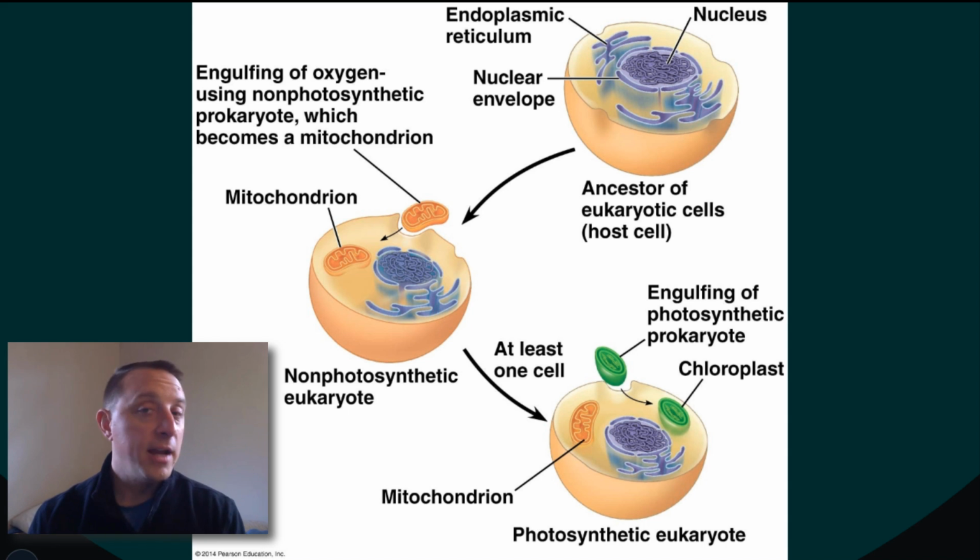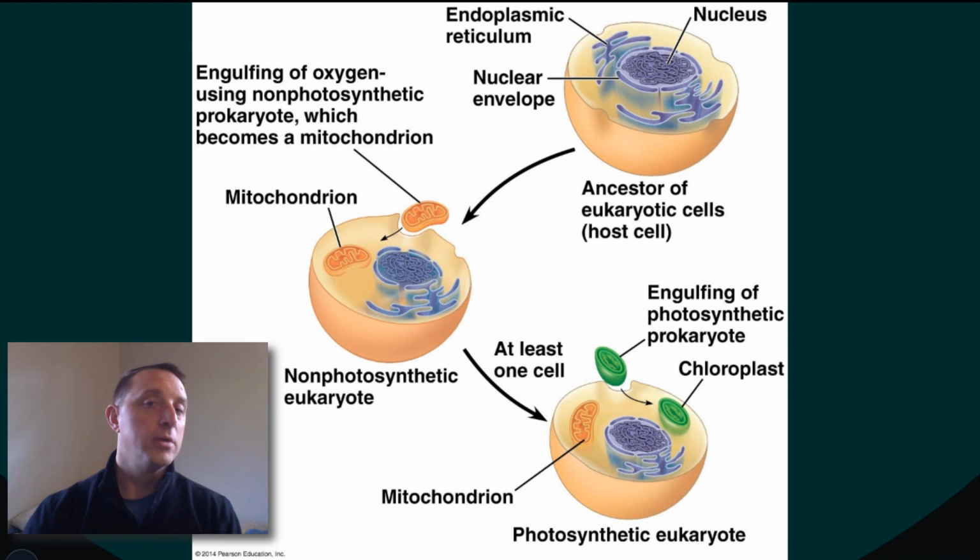A final third line of evidence that we have to support this endosymbiotic theory is the way these organelles divide. Okay, they divide on their own cycle, not with the overall cell cycle where we see the cell dividing, and the way that they divide very closely mimics the type of cell division that we see now in bacteria, called binary fission.